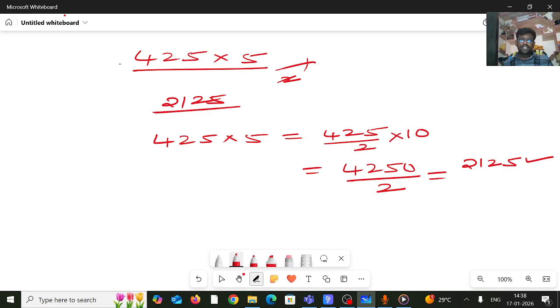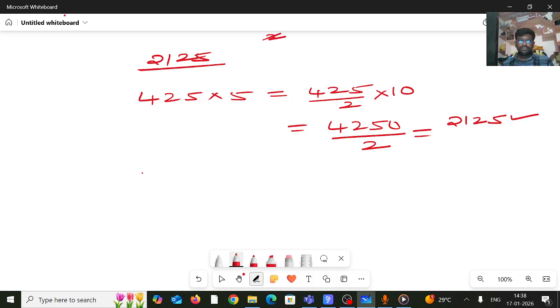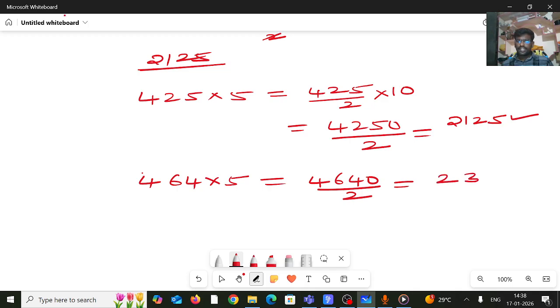I will explain another example. 464 multiplied by 5 can be written as 4640 by 2, and half of 4640 is 2320.